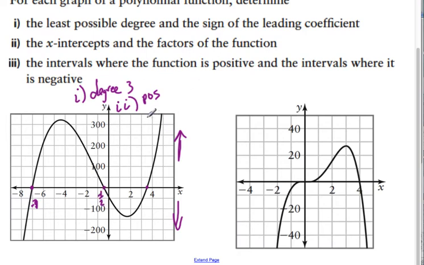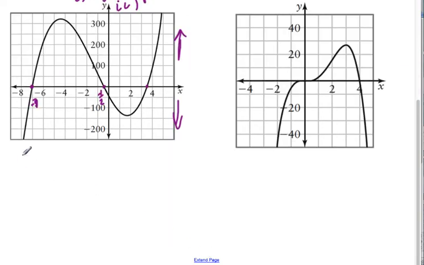So we're positive on the interval, and I'm going to use these square brackets, from negative 7, comma, through to negative a half. Okay, so this is interval notation saying from negative 7 to negative a half, it's positive.